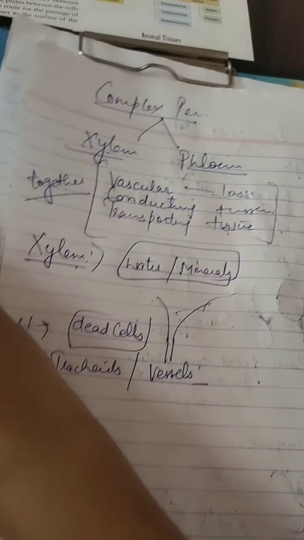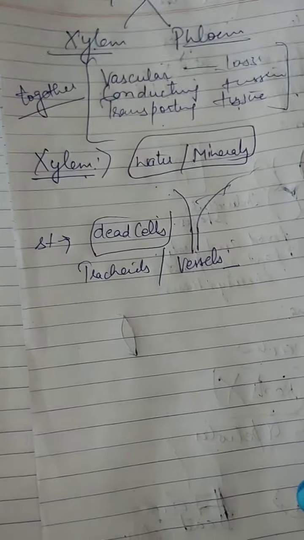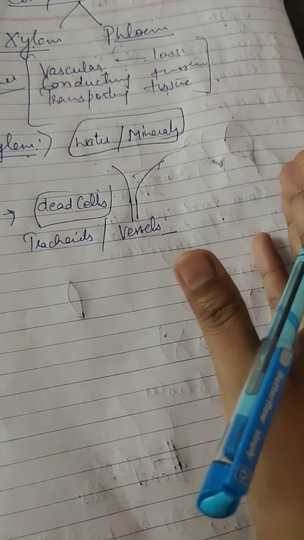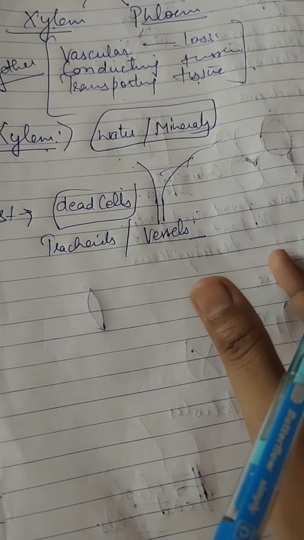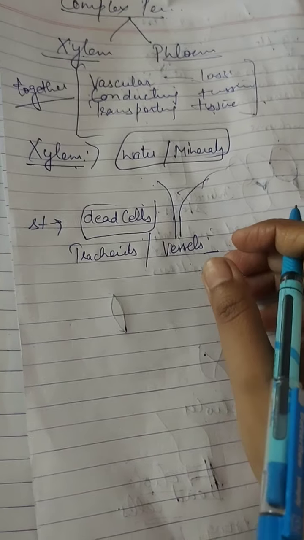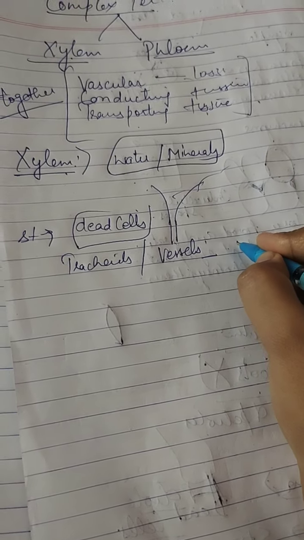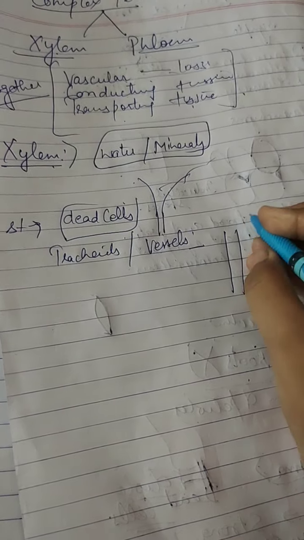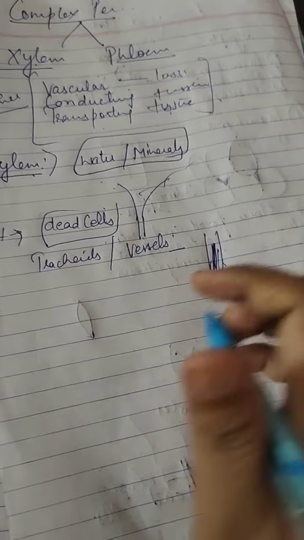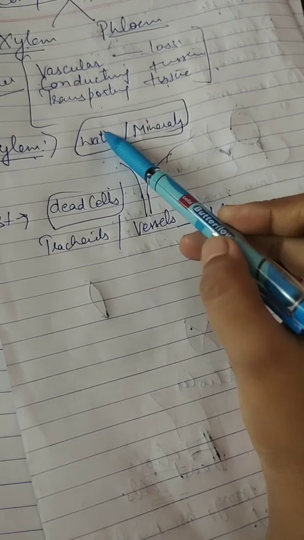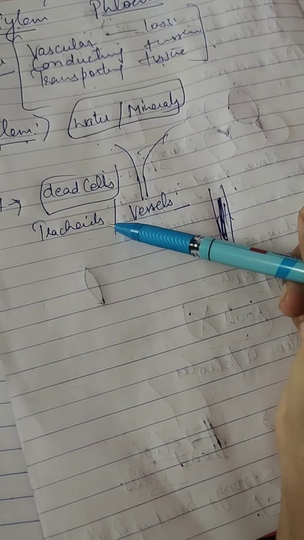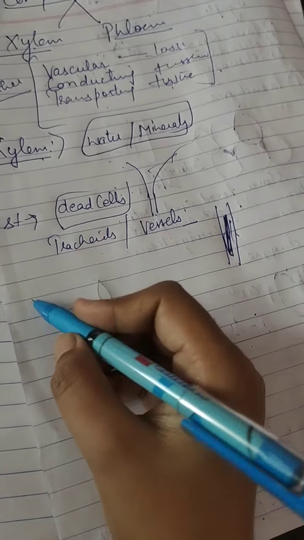These are the cells which are present in the xylem. These are elongated, thick, lignified cells. Lignified means it is covered with the help of lignin substance. It runs throughout the center of the stem. For example, this is a stem and it is present in the center of the stem. So I think its main function, its structure, and its vessels and tracheids are clear to you. These are the components which are present in the xylem.